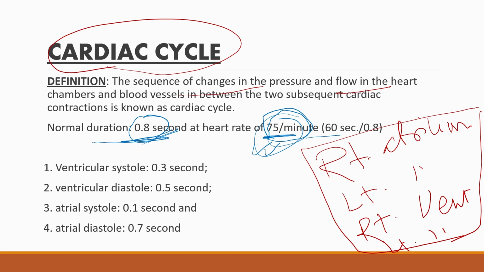What are the stages? The four major stages are the ventricular systole, ventricular diastole, atrial systole, and the atrial diastole. Systole means contraction, diastole means relaxation, right? Coming on to this time gap, we'll be discussing it in details in our next slides.